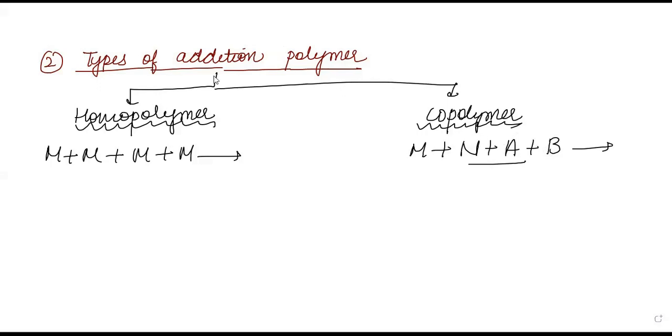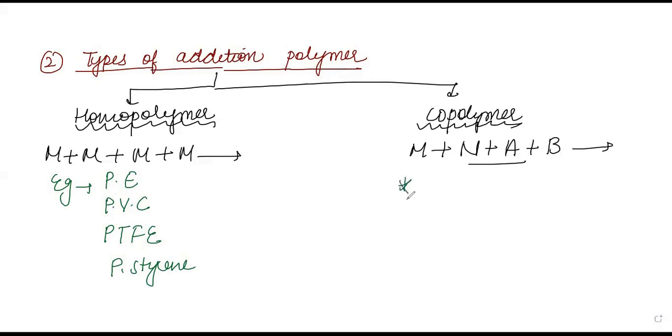And what examples do we have again in addition? All those with double bonds are homopolymers again. For example, polyethene, polyvinyl chloride, polytetrafluoroethene, polystyrene, because only one unit is repeated so many times. For copolymer, by now you must remember, for example, buna-N, butadiene and acrylonitrile. Okay, these are the units.